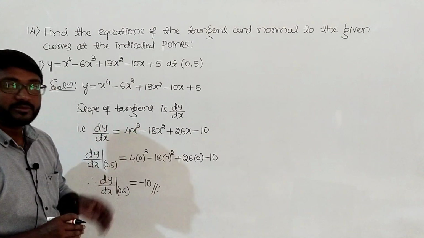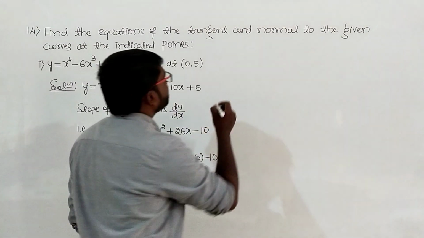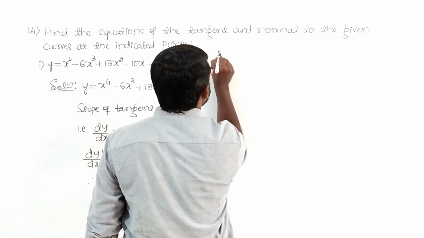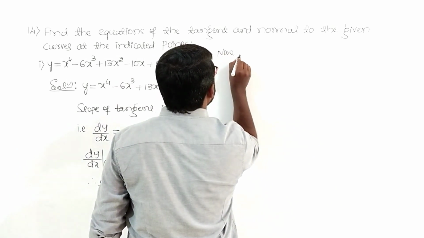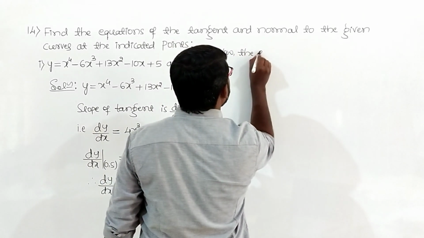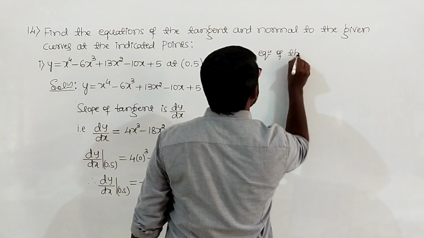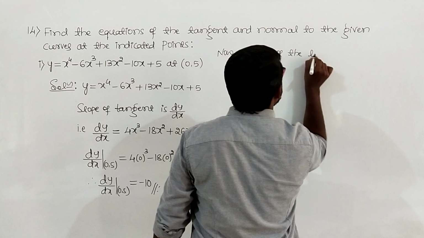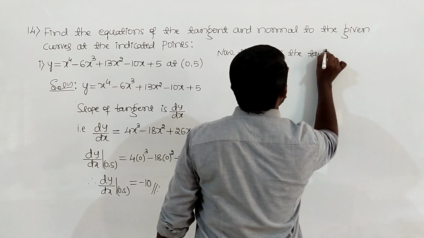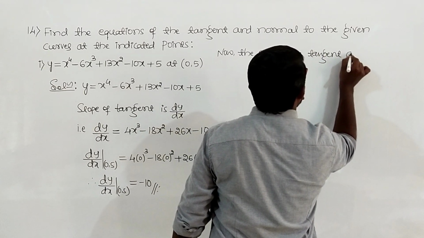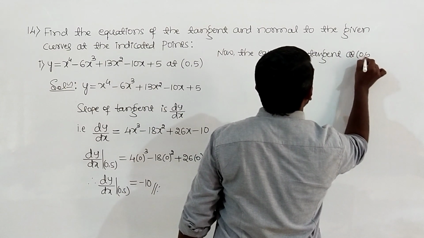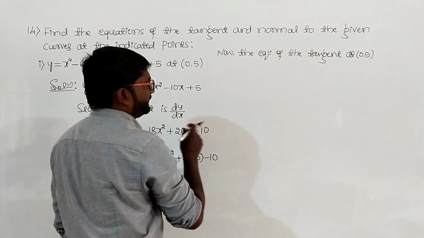So next we will have to go for the equation of the tangent at 0 comma 5.